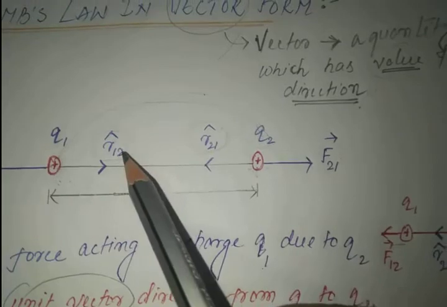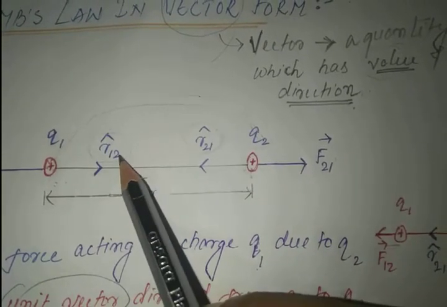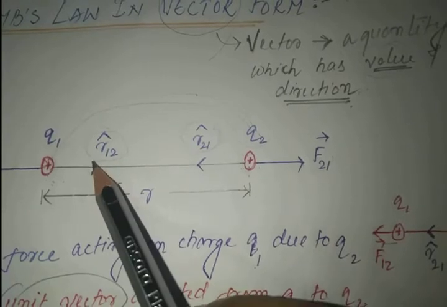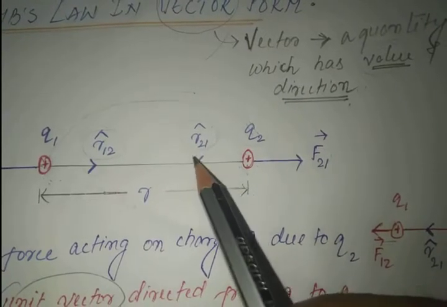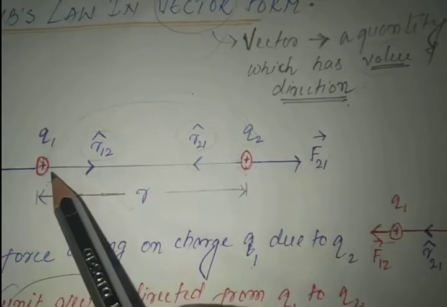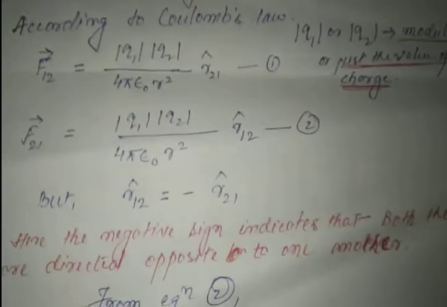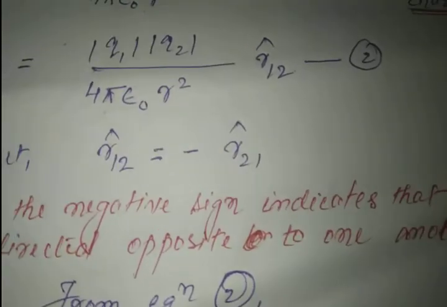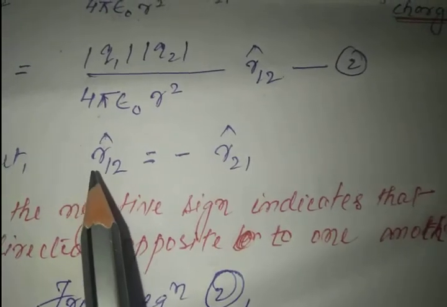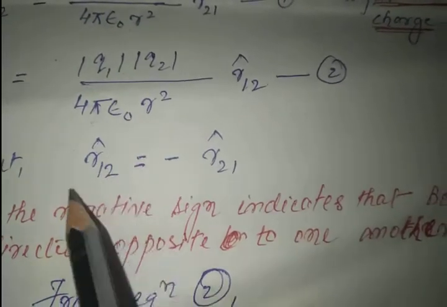If you observe clearly, the direction of R12 cap and the direction of R21 cap are opposite to one another. Since they are pointing opposite to one another, and they have equal magnitude, the values are equal.